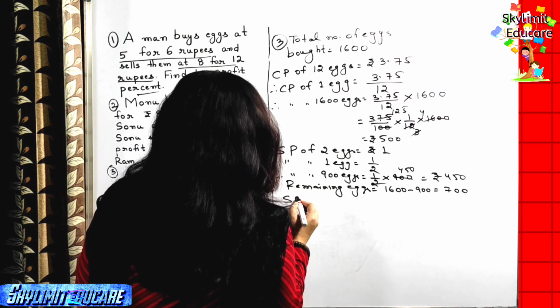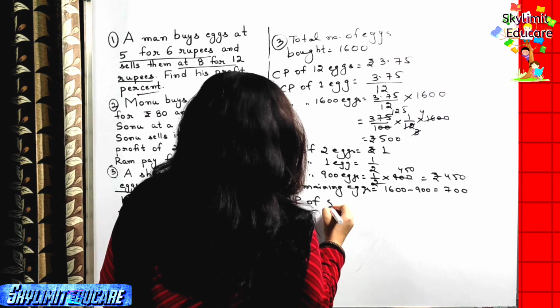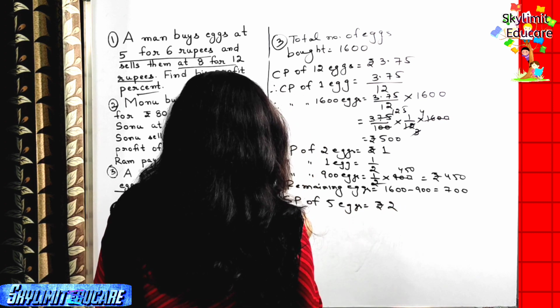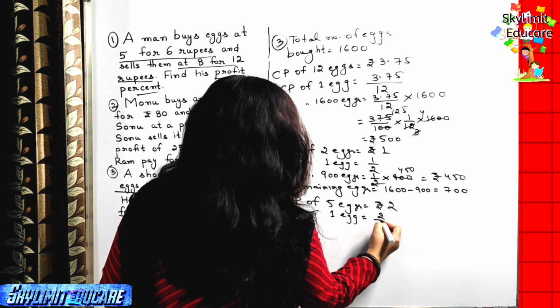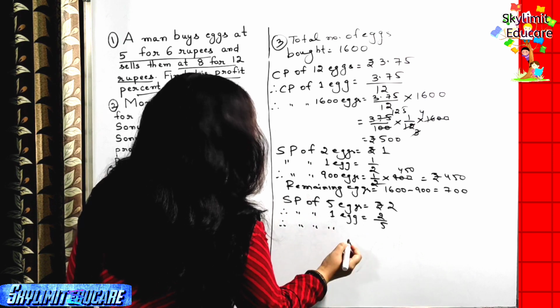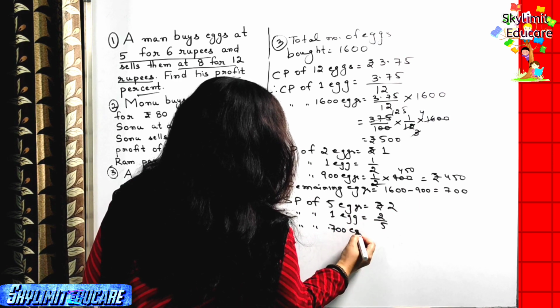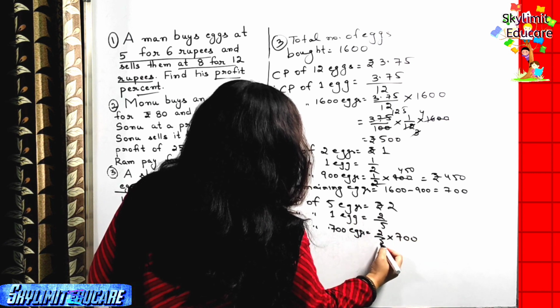So SP of 5 eggs is rupees 2. So therefore SP of 1 egg, let us find out. Division, 2 by 5. And finally, how many eggs are sold in this way? 700 remaining eggs. So it will be 2 by 5 multiplied to 700.